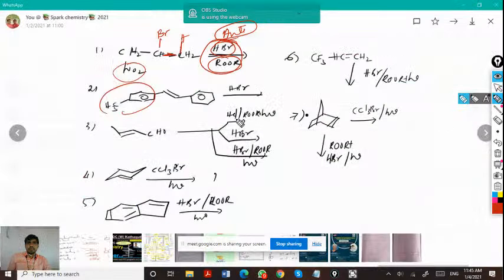If the groups attached to the double bond are two different kinds, then it can be unsymmetrical. The one which is more donating will give the electrophilic addition reaction. So this is a simple electrophilic addition reaction because there is no peroxide present. So bromination will be at the more electron rich carbon.